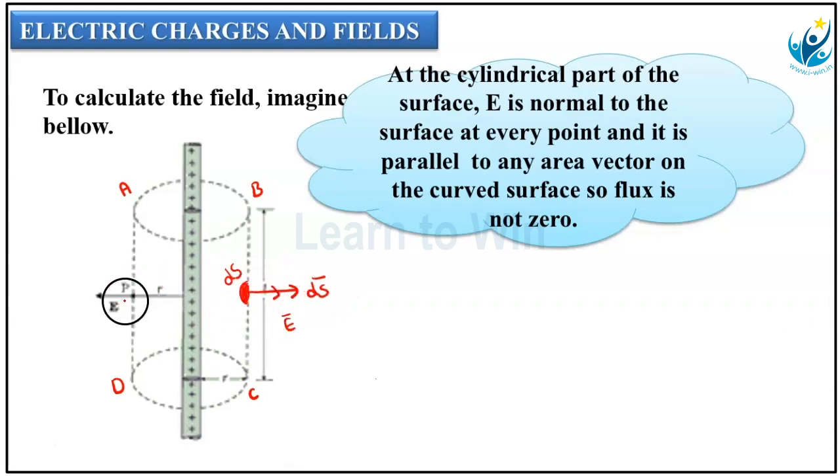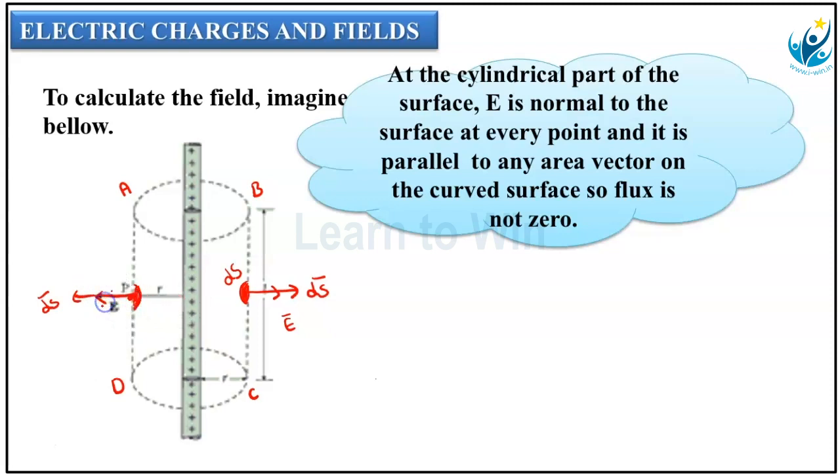Similarly, you may assume the same elemental portion ds here also. For this one, ds bar is directed along this direction. This is the ds bar direction. And E bar at this point P is directed radially outward.